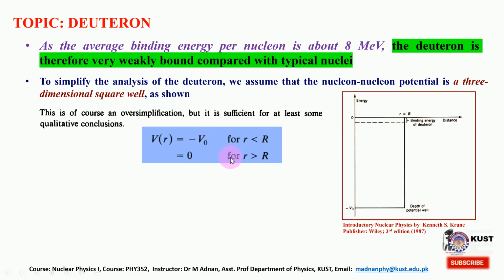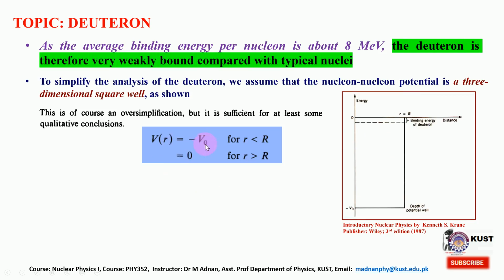Once the separation between the nucleons is greater than R, which is the estimate of the size of the deuteron, around 2 femtometer as I told you, then they will not feel that potential.